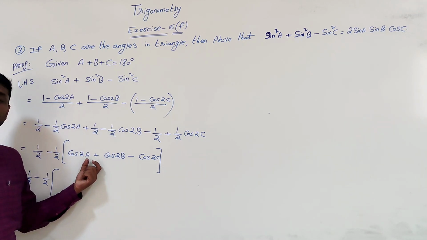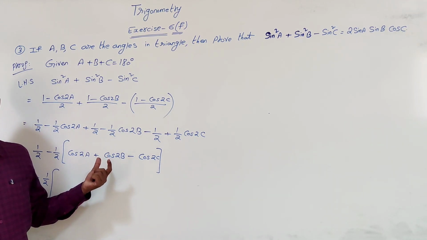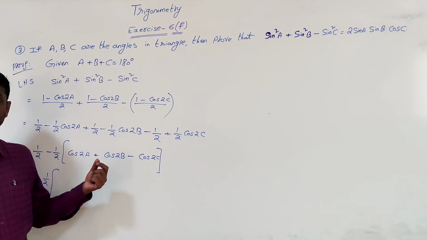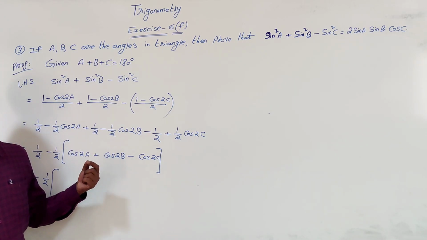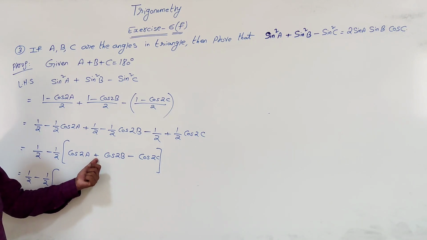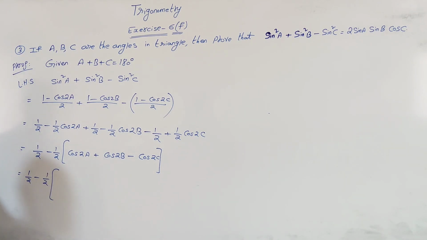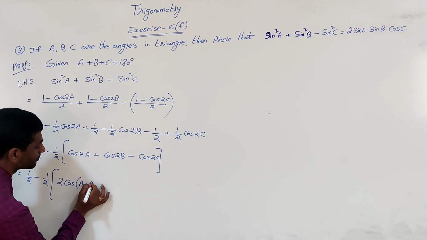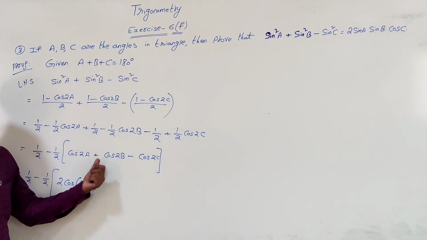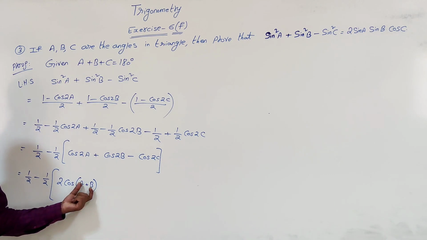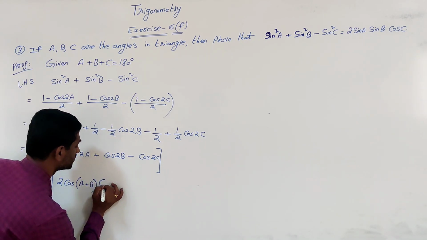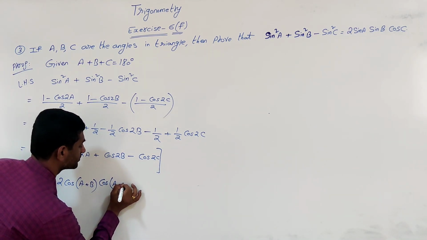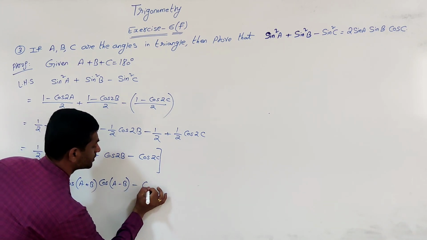It is like cos C plus cos D. What is cos C plus cos D? 2 cos (C plus D) by 2 cos (C minus D) by 2. This can be transformed to the product: 2 cos of A plus B, because (2A plus 2B) by 2, the 2 gets cancelled, so it will be A plus B, cos A minus B, minus cos 2C.